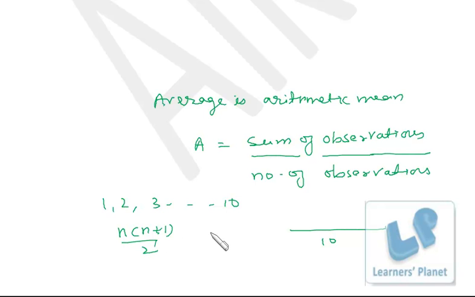So sum of first 10 natural numbers will be 10 into 11, that is n is equal to 10, so 10 into 11 by 2. So sum of first 10 numbers is 55. Number of observations is 10. So average is 5.5. Right? So what is average? Sum of observations by number of observations, or you can say sum of numbers by number of numbers.